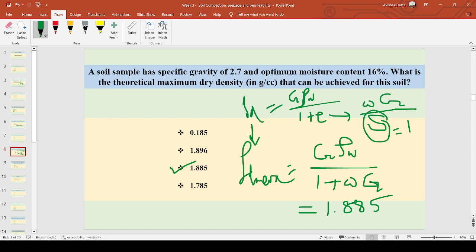This is the basic formula in the chapter on index properties of soil, how to find dry density or dry unit weight from the void ratio and specific gravity. Using this equation, for maximum dry density we have to consider saturation equal to 1. So rho d max equals G rho w by 1 plus wG. I hope it is clear.